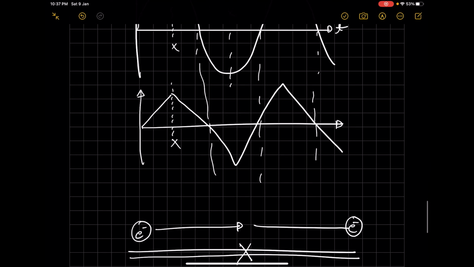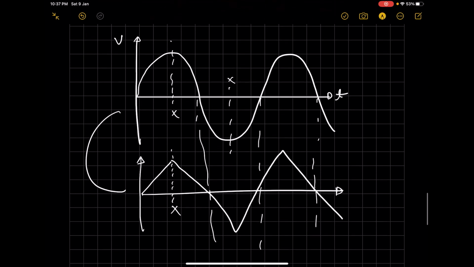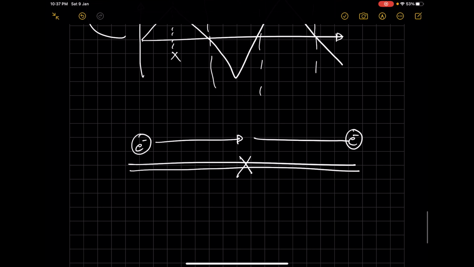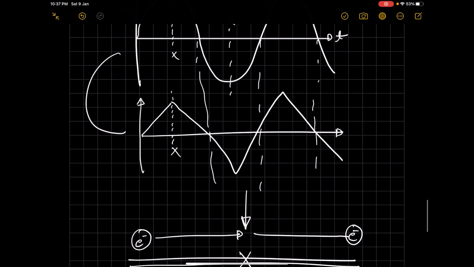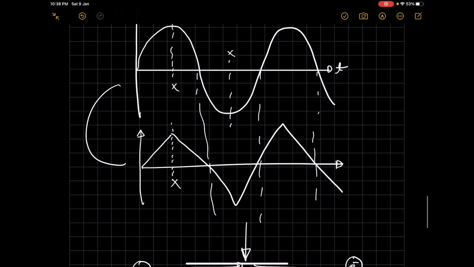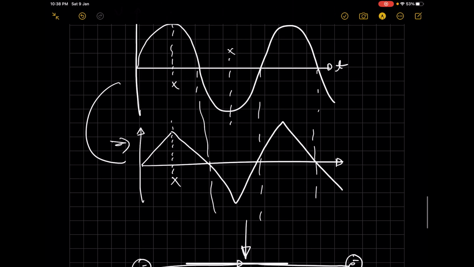Then what is the difference from here to here? If you look carefully, the way the electron increases its speed until it comes here is different in both the cases. In the triangular case, the electrons will increase their speed with time, this is velocity versus time as you know, linearly.